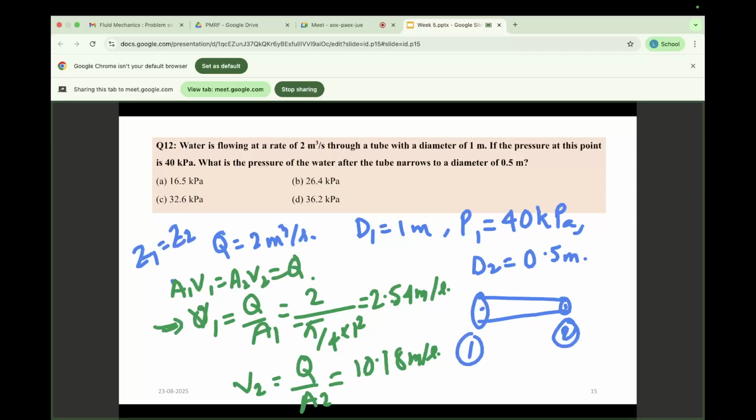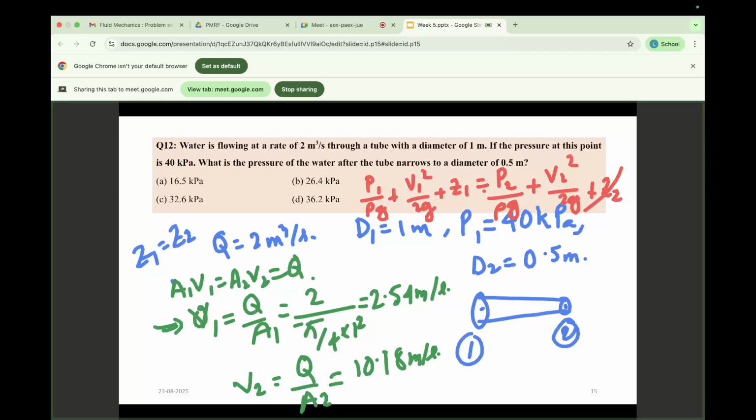Now I can apply this in Bernoulli's equation. What is Bernoulli's equation? I write it in red pen. P1 by rho g plus V1 square by 2g plus Z1 equals P2 by rho g plus V2 square by 2g plus Z2.